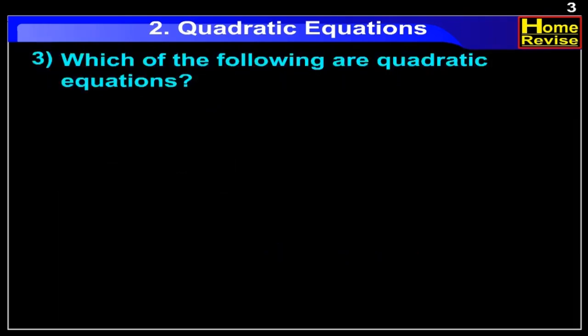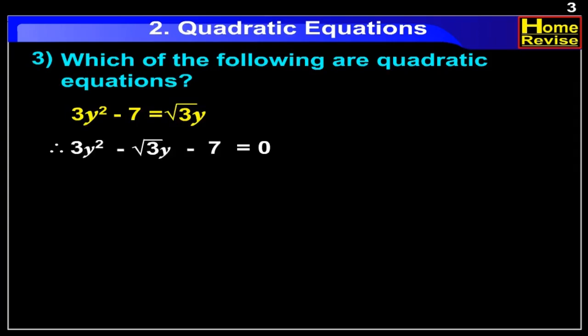Which of the following are quadratic equations? 3y² minus 7 is equal to root 3y. Therefore, 3y² minus root 3y minus 7 is equal to 0.